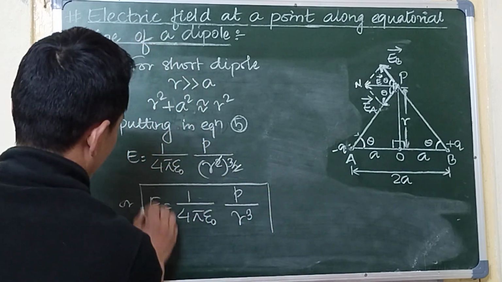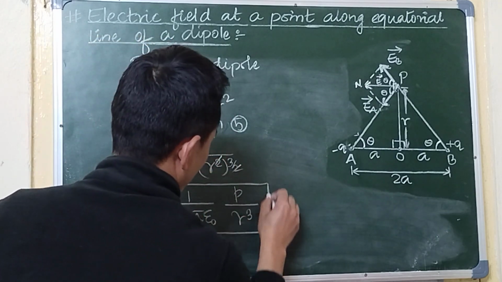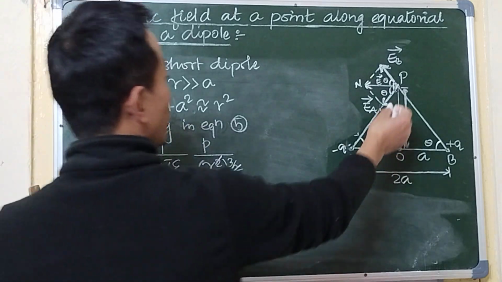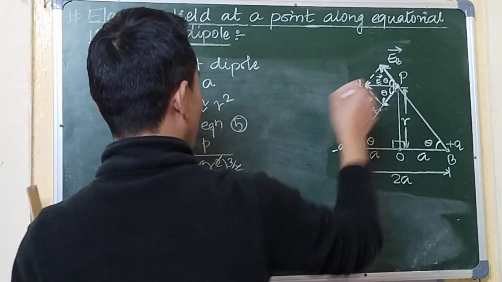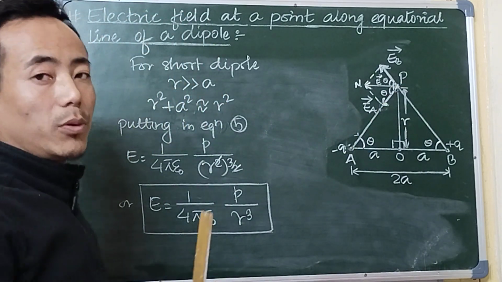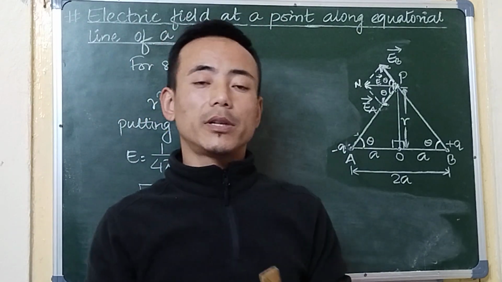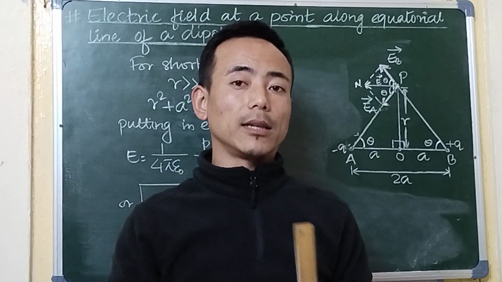This is the final equation for the electric field at any point P along the equatorial line of the dipole. This is also one important derivation from the first chapter, electrostatics.